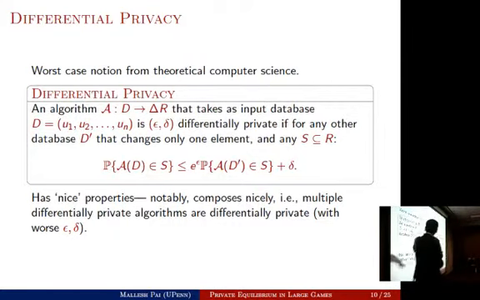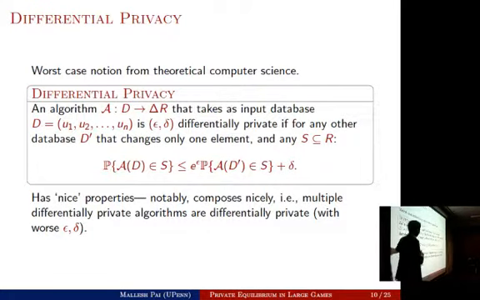We say that an algorithm that takes as input some database D from a space of databases and spits out something, possibly a randomized algorithm, in a range space R, is differentially private if, given any two databases D and D prime which differ in only one element, the probability that the algorithm gives a result in an event set S under D is close to the probability under D prime.